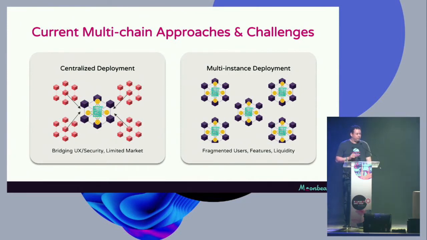One very common thing that happens is the Ethereum deployment will have all of the features, and then maybe the satellite chains have some subset of the features. And so you have this fragmentation of the user experience, of where the users are. If it's a DeFi use case, certainly for liquidity, right? Deposits on all these different chains can't talk to each other. So you get the benefit of getting to all the chains, but you have this fragmentation that happens. So keep these challenges in mind as I'm going through some of the connected contracts use cases that we'll be talking about.